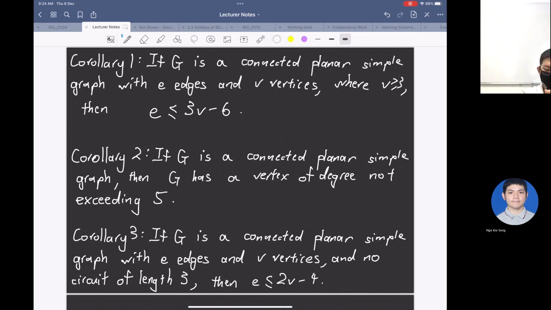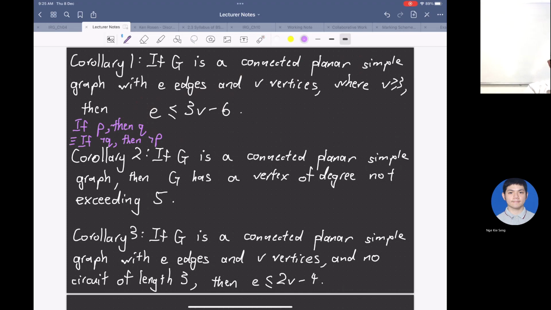Contrapositive: if P, then Q, which is logically equivalent to if not Q, then not P. So not P is the one that we aim for, not planar. So if this inequality isn't satisfied, then our graph is not planar.